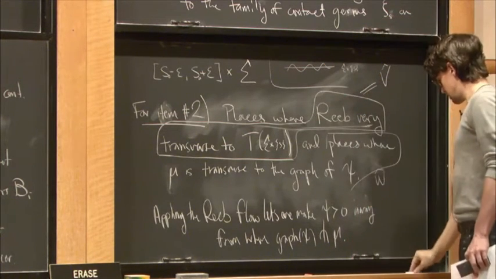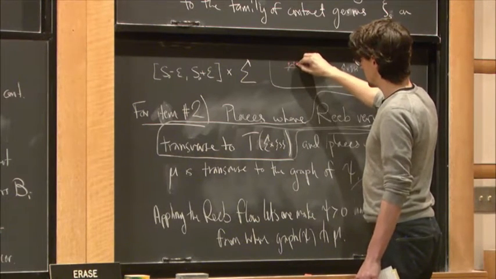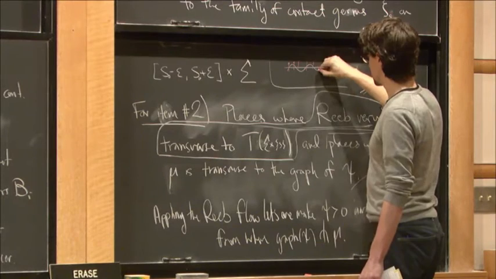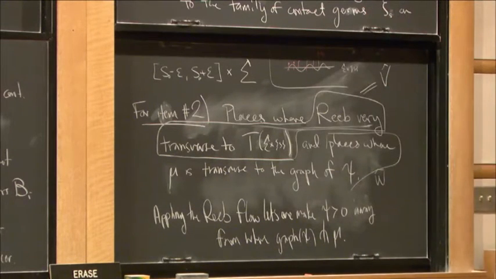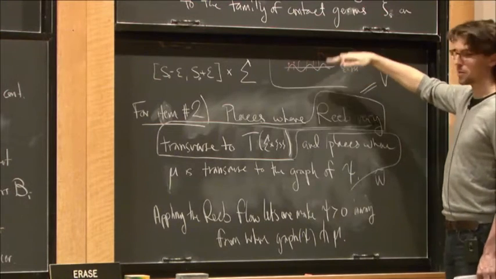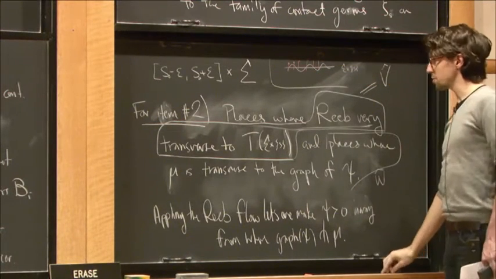But within V hat, the red vector field is pointing vertically. So you flow this graph by the red vector field, which is a contactomorphism, so that the graph becomes positive.